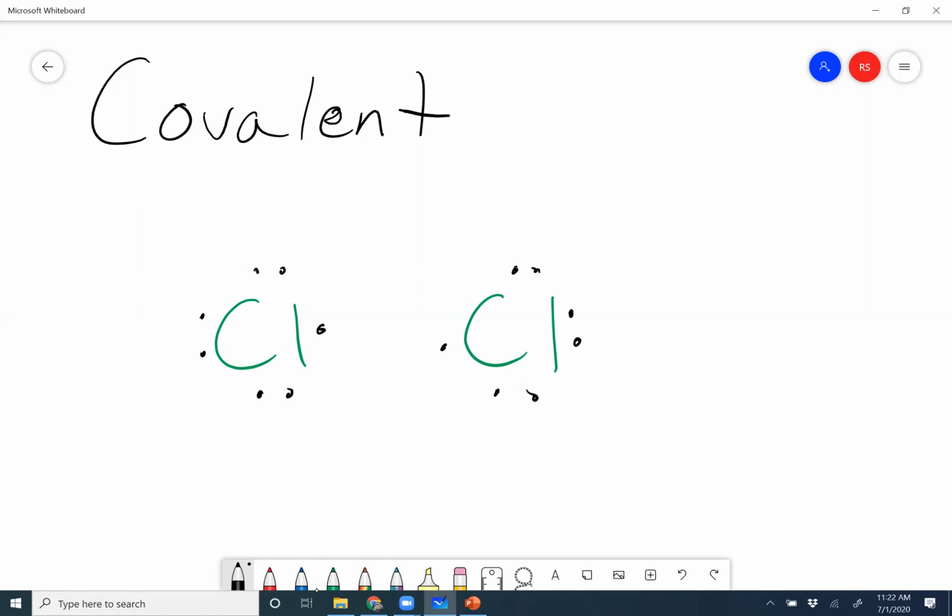And you'll notice that they both want 8. So what they can do is they can come together and overlap their orbitals, and it will look like they have the noble gas configuration, in the case of chlorine, argon.